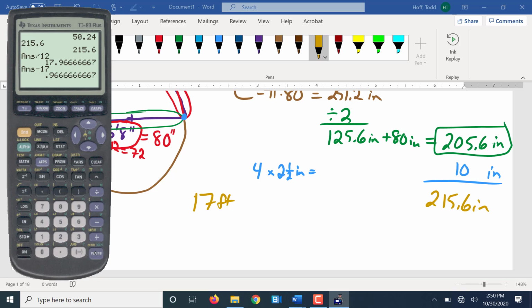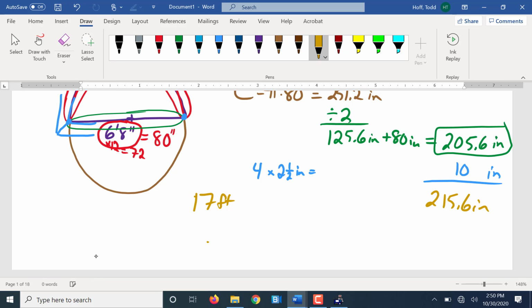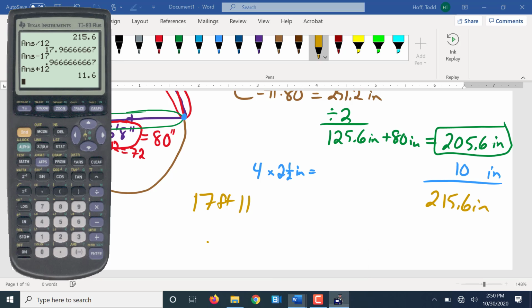Gotcha. So 0.9666666, how do we turn that into inches? Times 12, good. Yep, so it's 11.6, that's 11 inches.